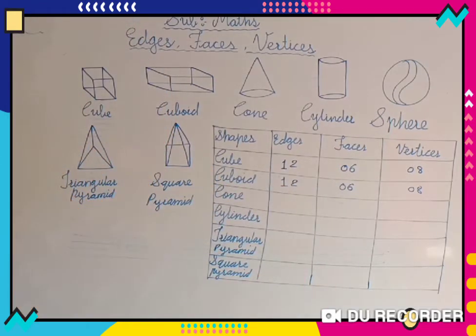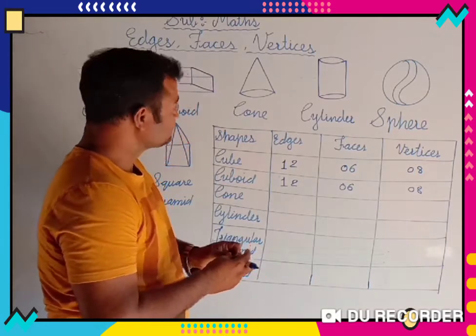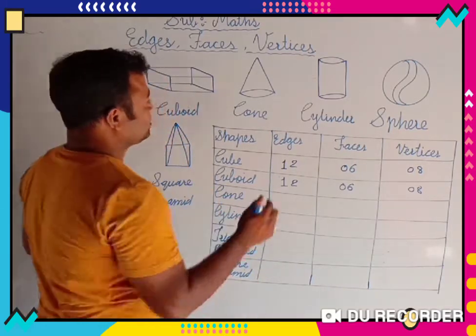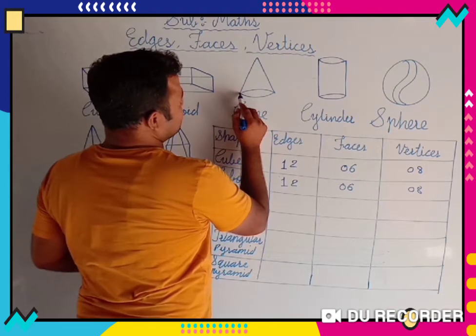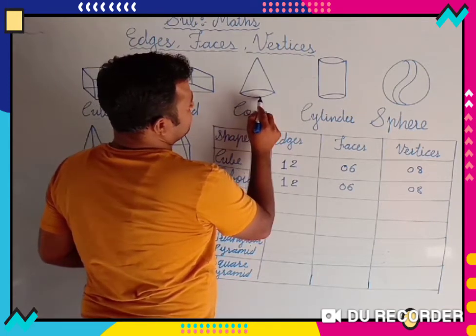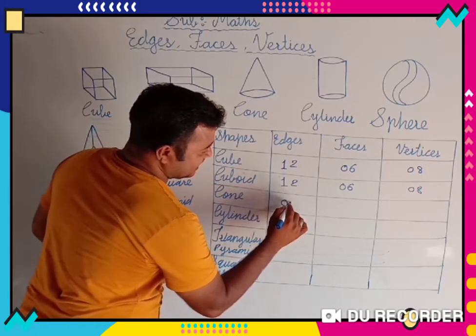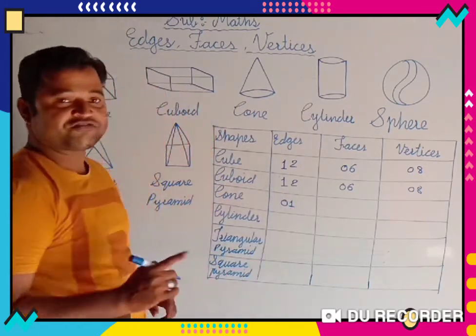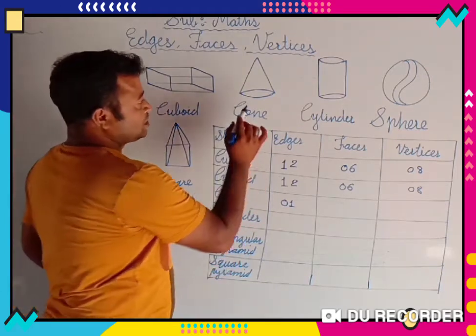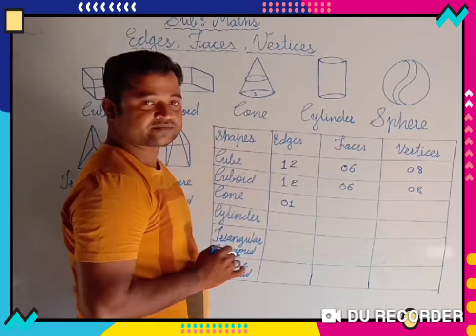Then in the cone we have understood that a cone has one edge, that is this. This is the edge of a cone. So a cone has one edge. The number of faces in a cone is 2. This is one face and the other face is circular here, right?